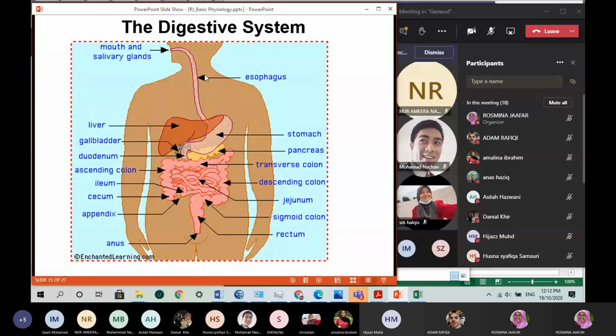Okay. Next is the excretory system, to get rid of the body waste, including excess water and salt. So your excretory system comprises the kidneys and the rectum. Actually, the skin is also part of the excretory system.